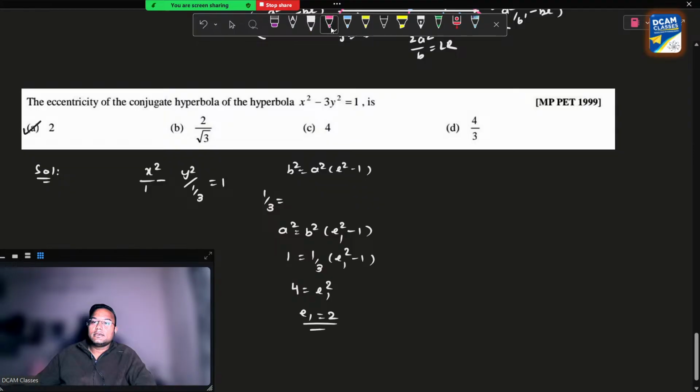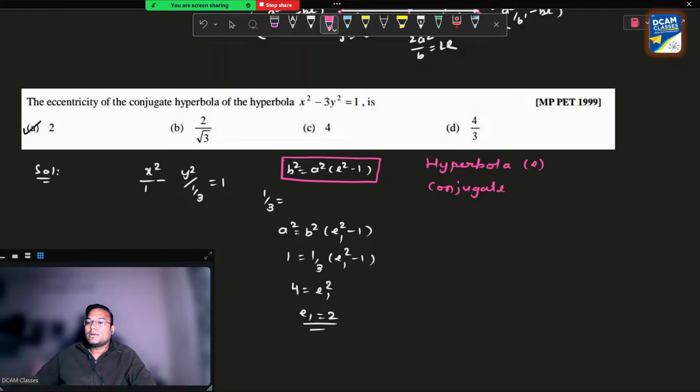But they actually give you a relation. When the normal hyperbola has eccentricity e, and the conjugate hyperbola of the same hyperbola has eccentricity e1, then there is a relation: 1 by e square plus 1 by e1 square is equal to 1.